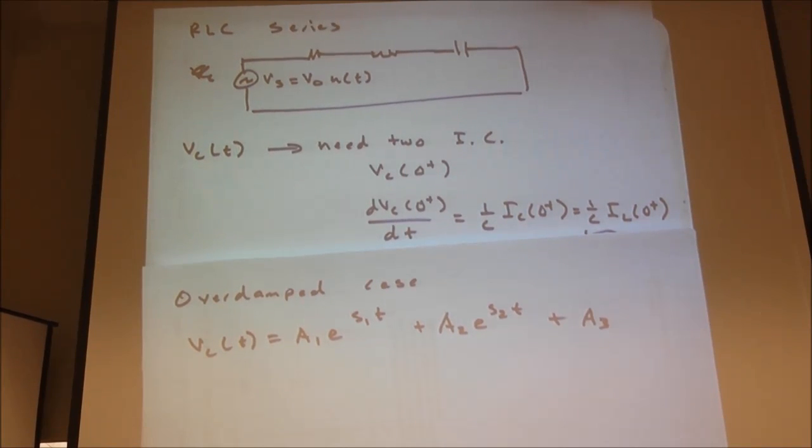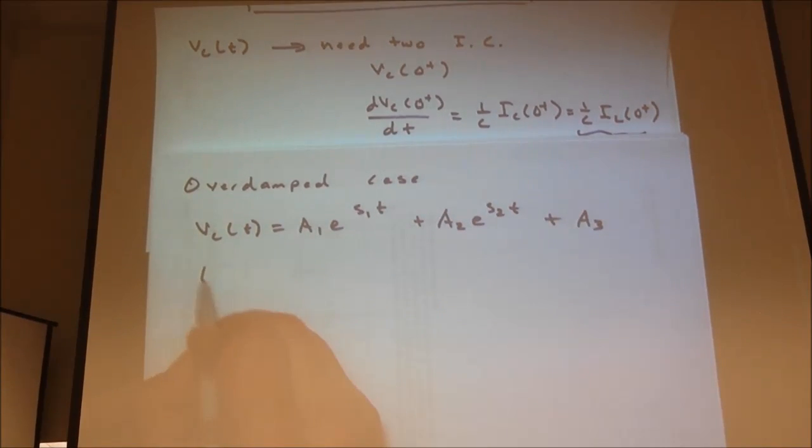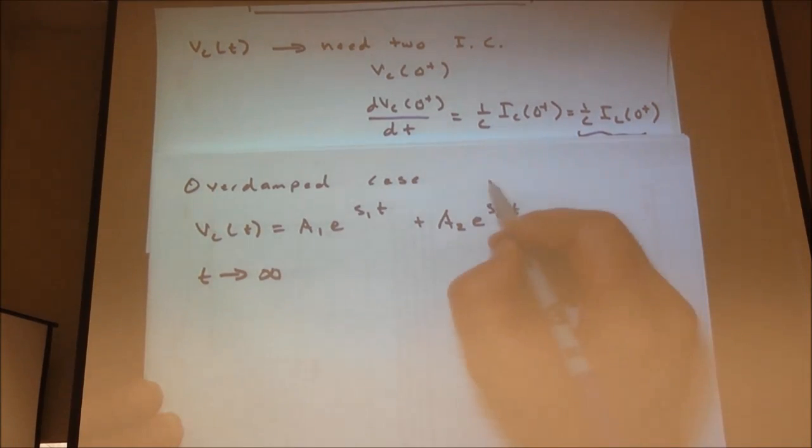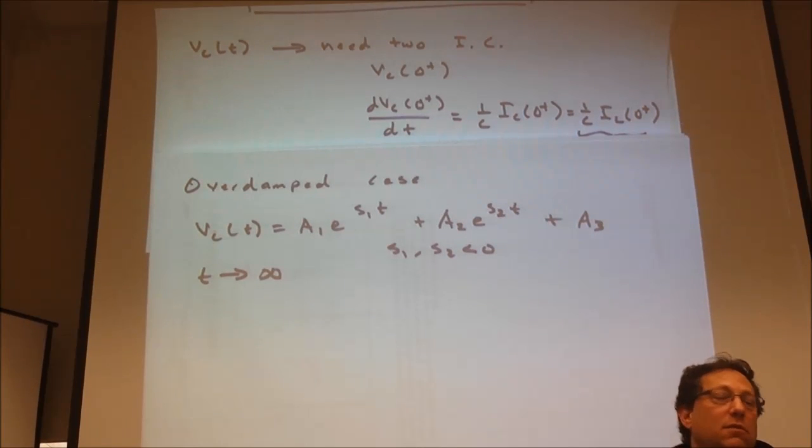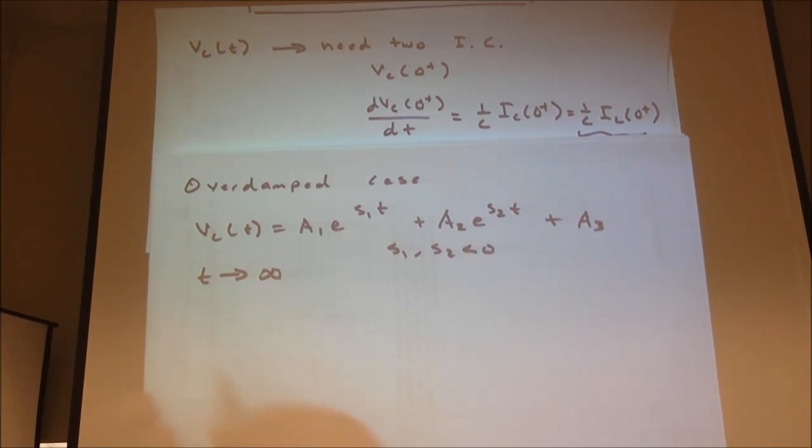We can do what we did before. As t goes to infinity, and let's remind ourselves, S1 and S2 are less than 0. So we are dealing with general formulas right now, but we know those are negative. We talked about that a few minutes ago. So what does that mean?